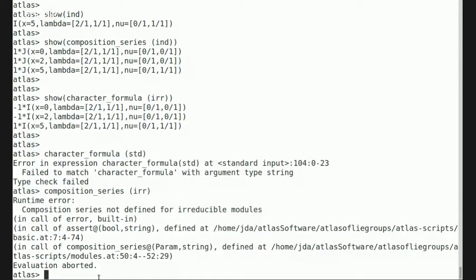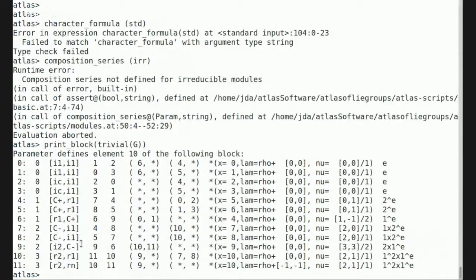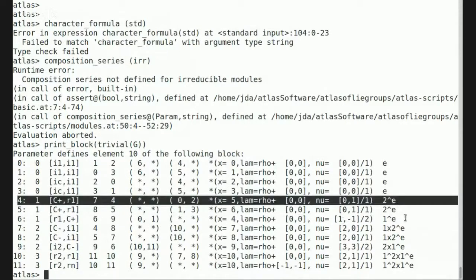Okay, so that was all about the one with KGB element 5. So let's look at this block again. This is a representation attached to a certain Cartan, and there are other representations coming from the same Cartan.